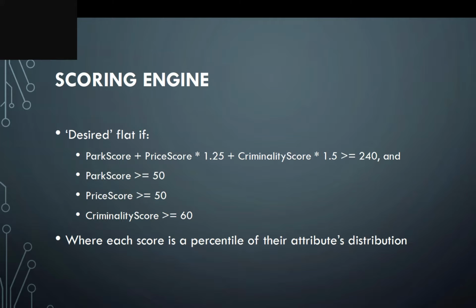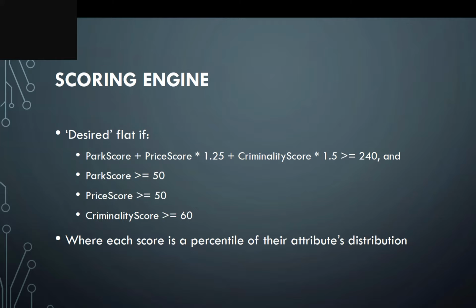And then the overall score should be over a certain threshold, as well as the individual scores for some of the metrics, which should be above at least some threshold. For the criminality score, again, it's a bit higher than the other scores. The scores are assigned simply according to percentiles of the attribute's distribution, so we are able to specify scores no matter the distribution.